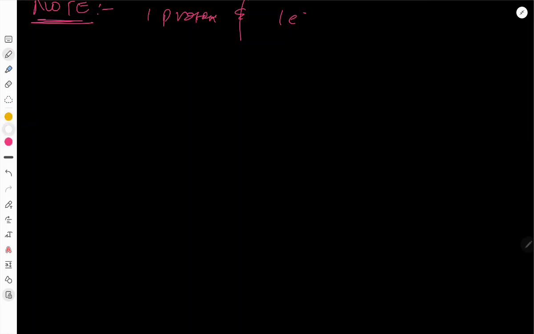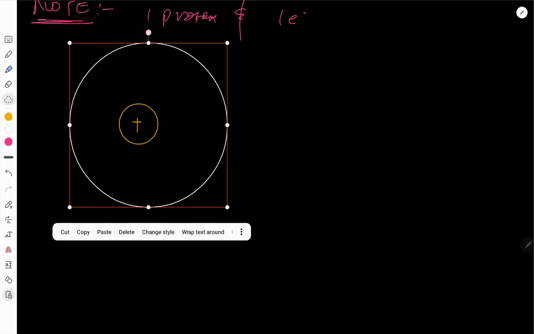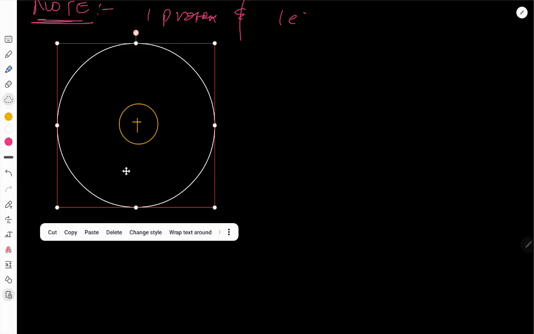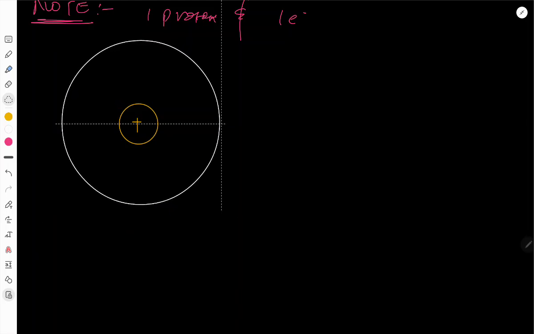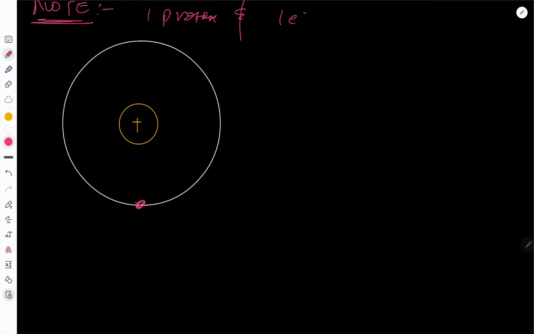Now let us draw a diagram that would be very useful. This is our hydrogen atom nucleus, and this is our electron's stationary orbit. This is a stationary orbit, and here is our electron. This is our proton.